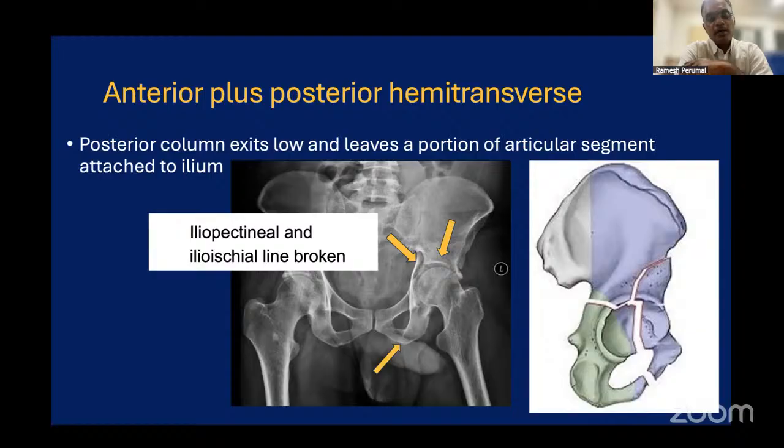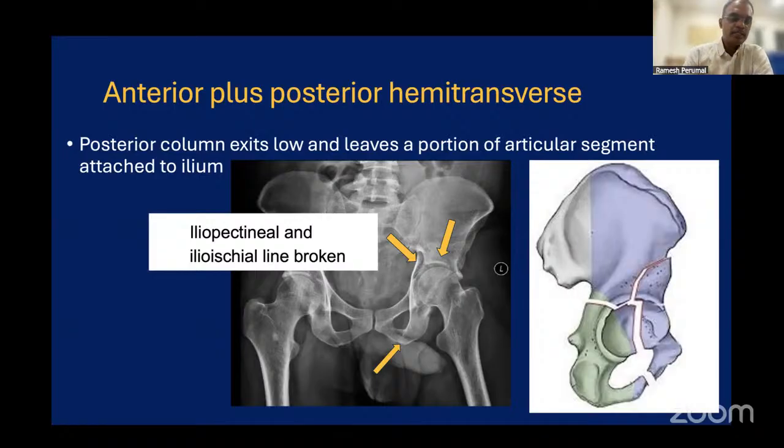This is one of the constant differences from bicolumnar fractures, where the weight-bearing dome has been dissociated, and the posterior column exits at different levels taking a part of the articular surface, where it forms a classical spur sign with inward displacement of the femoral head.